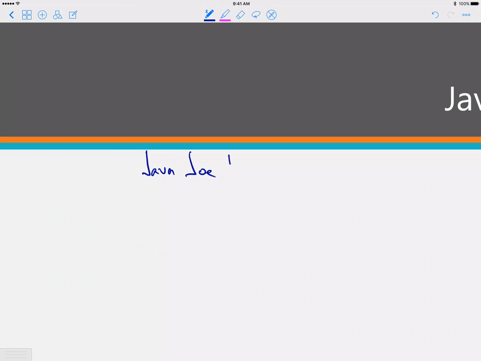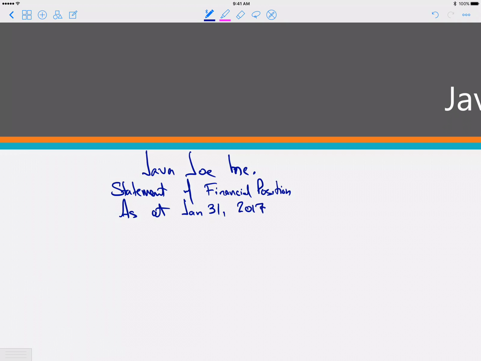So Java Joe Inc. And this is the statement of financial position. And this is as at, if you recall, the balance sheet is one specific point in time. So as at January 31st, 2017. And all figures are in Canadian dollars.